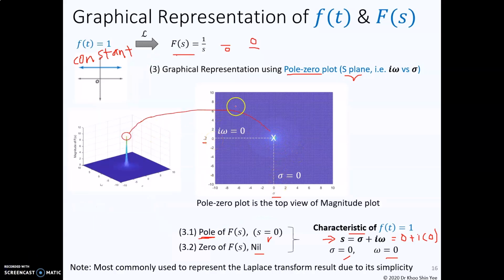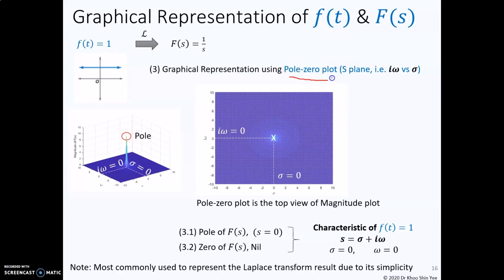If you compare the magnitude plot versus the pole zero plot, you find that the pole zero plot is just the top view of the magnitude plot, and the pole is at the peak of the magnitude plot. In summary, the pole zero plot is most commonly used to represent the Laplace transform result due to its simplicity. So we always use this instead of the other plots.